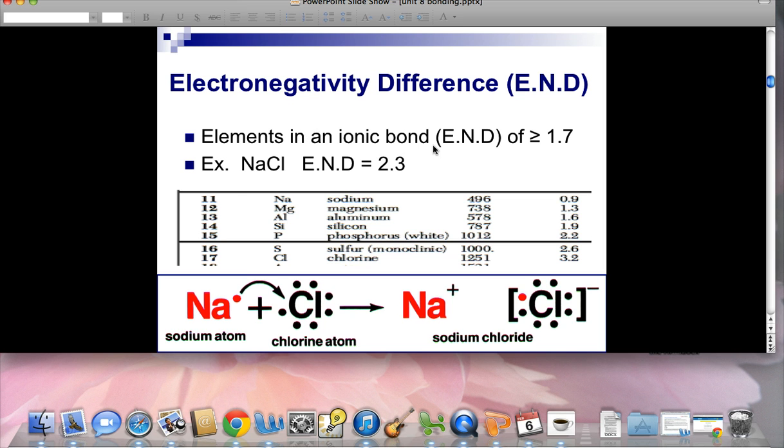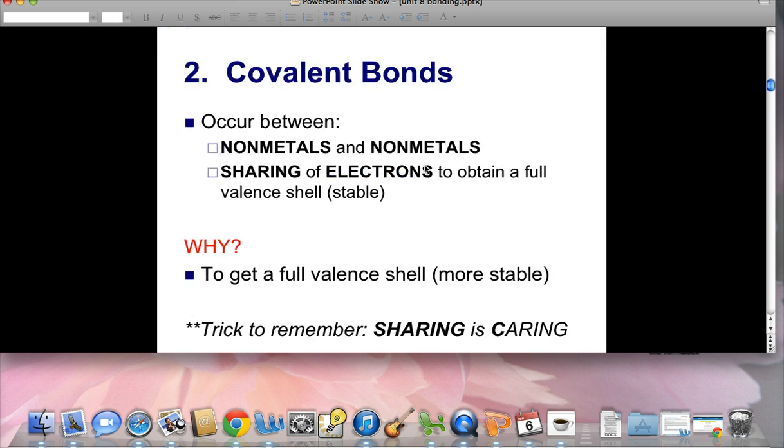Elements in an ionic bond tend to have an electronegativity difference greater than 1.7. Sodium has an electronegativity of 0.9 and chlorine is 3.2. The difference between these two is 2.3. Therefore, it will form an ionic bond.